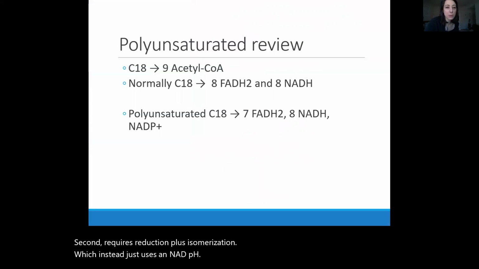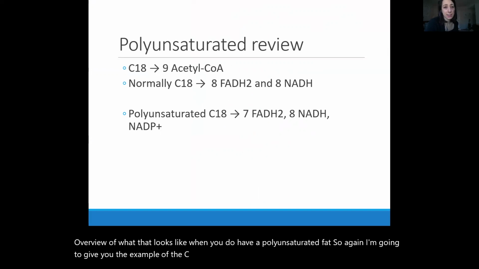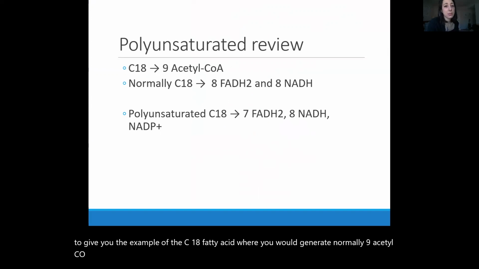So I'm going to give you a total overview of what that looks like when you do have a polyunsaturated fat. Again, I'm going to give you the example of a C18 fatty acid, where you would normally generate 9 acetyl-CoAs, 8 FADH2s, and 8 NADHs.